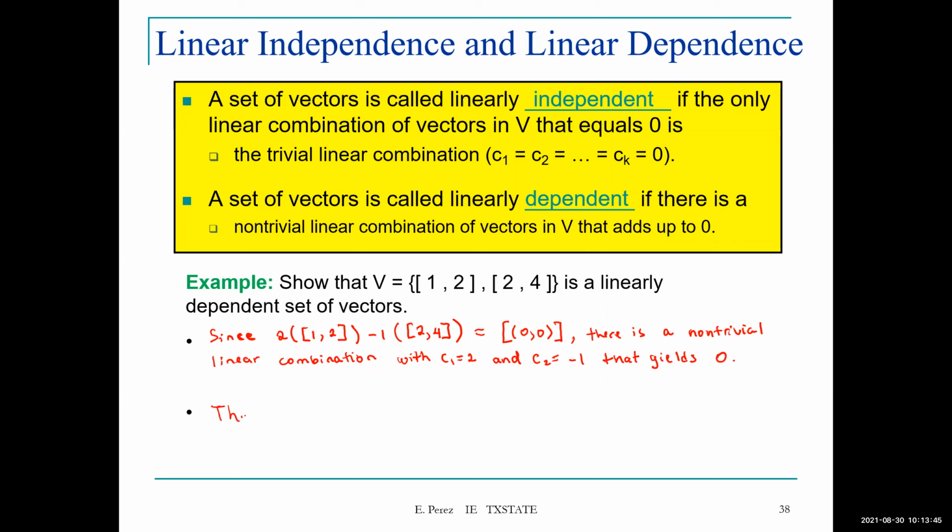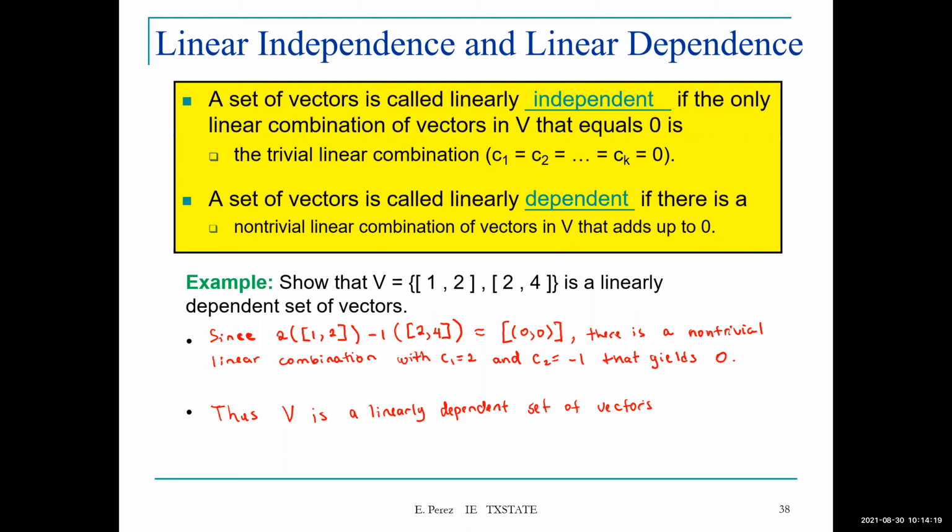Thus, V is a linearly dependent set of vectors. So by finding that combination of scalars, in this case C1 equals 2, C2 equals -1, we find the linear combination that gives us 0.